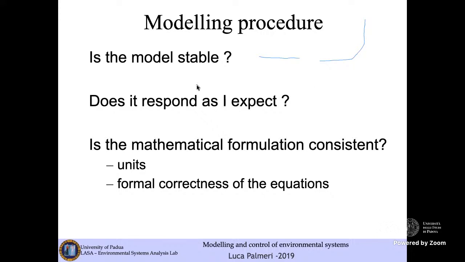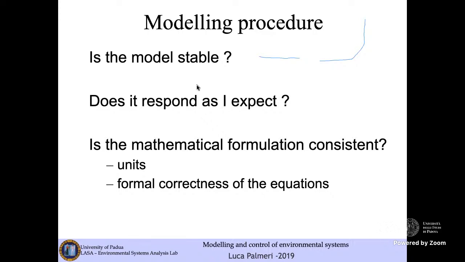Does the model respond as I expect? This is an important check because this ensures that you have included into your model all your understanding of the behavior of the system.